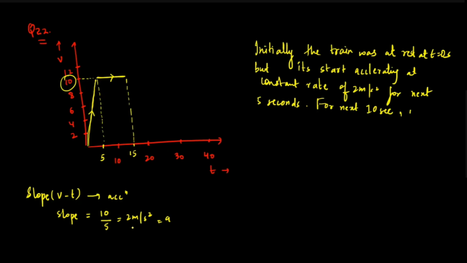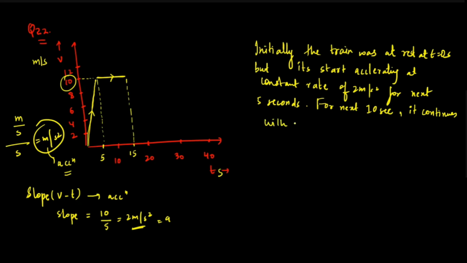Because it's an acceleration. Velocity is meters per second, time is seconds. So meters per second divided by second will give us meters per second square, and that is the unit of acceleration. So we will simply say that for next 10 seconds, it continues with constant velocity of 10 meters per second.